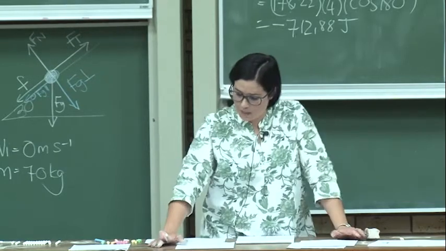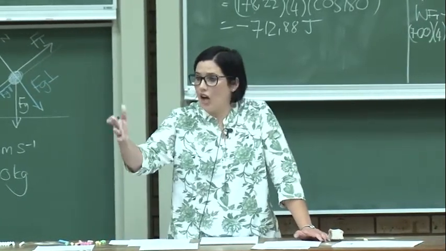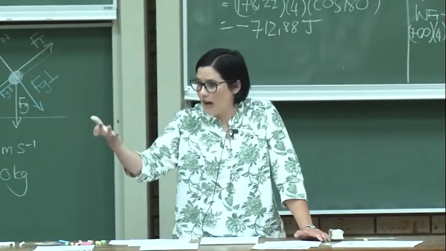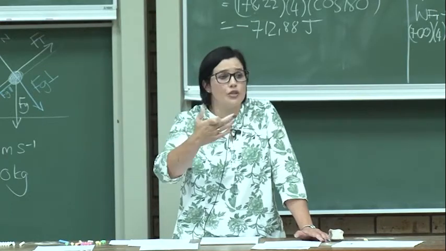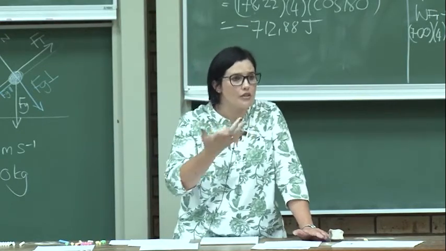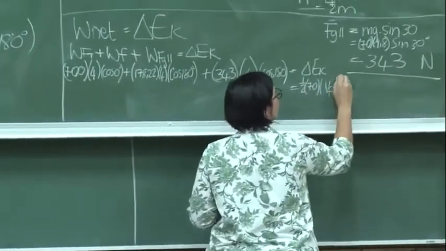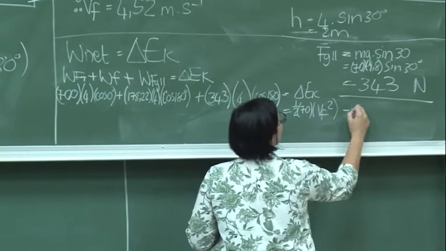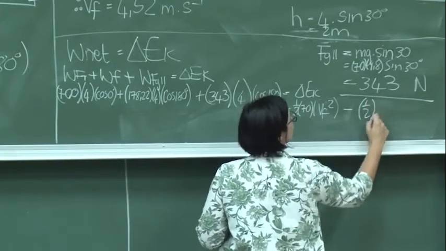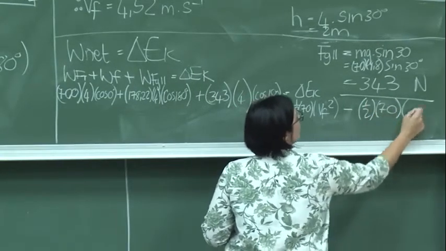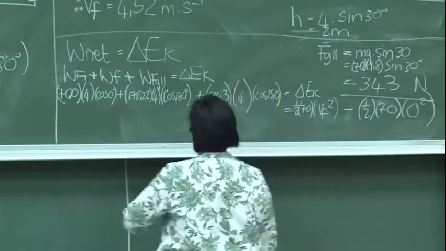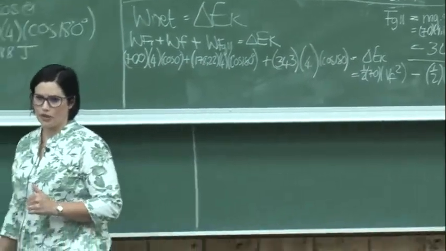I'm calculating V final. So I can substitute V initial, which was 0. Remember, I want to calculate V final, don't forget about the square, minus half 70 times 0 square. I've shown my substitution.